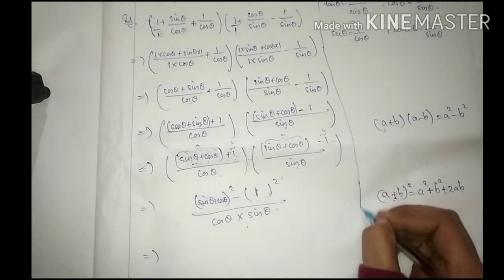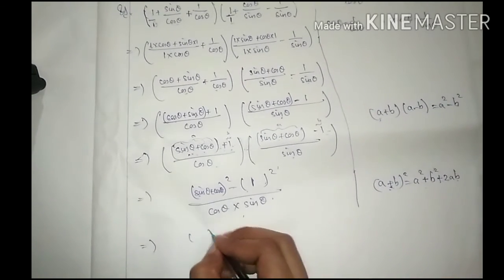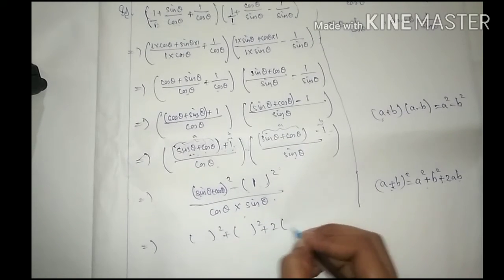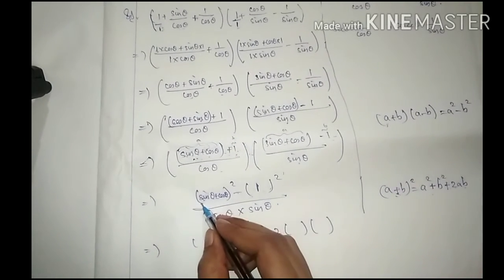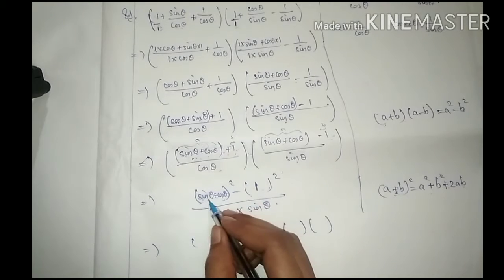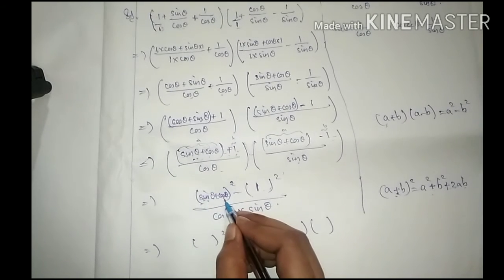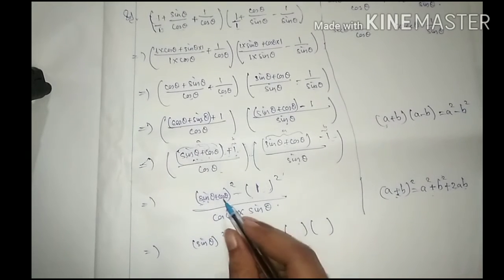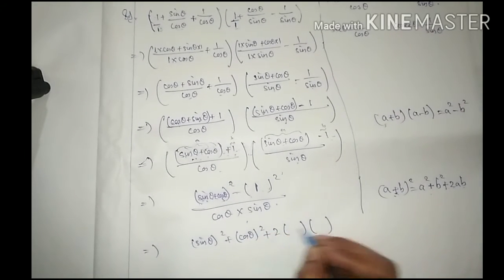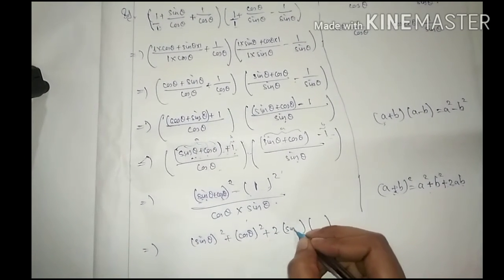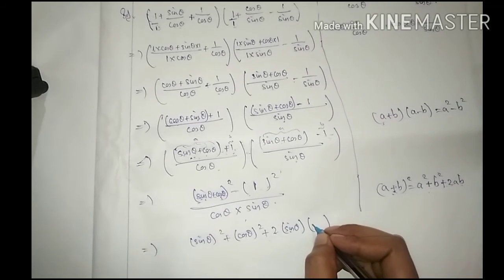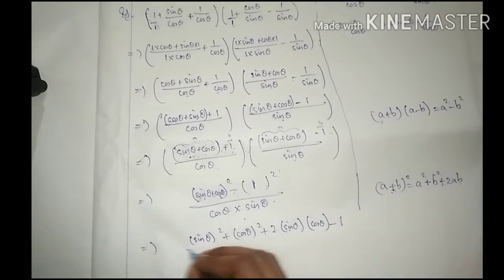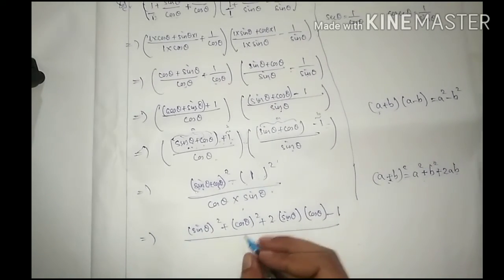So this is one more formula we are going to use over here: A square plus B square plus 2AB in place of A plus B whole square. In place of A we are having sin, in place of B we are having cos. So A square plus B square plus 2AB, A sin theta, B cos theta. Then minus sign is over here, 1 by cos theta into sin theta.